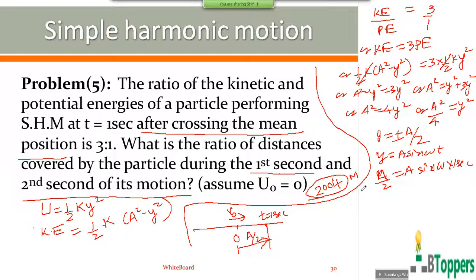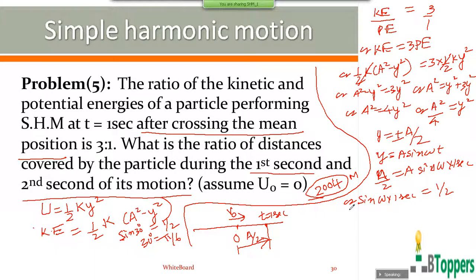I mean, a similar model. So you get here sine omega t is 1 by 2. A gets cancelled. So sine omega into 1 second is 1 by 2. Sine 30 degrees is 1 by 2. 30 degrees converted into radian comes out to be pi by 6 radian.